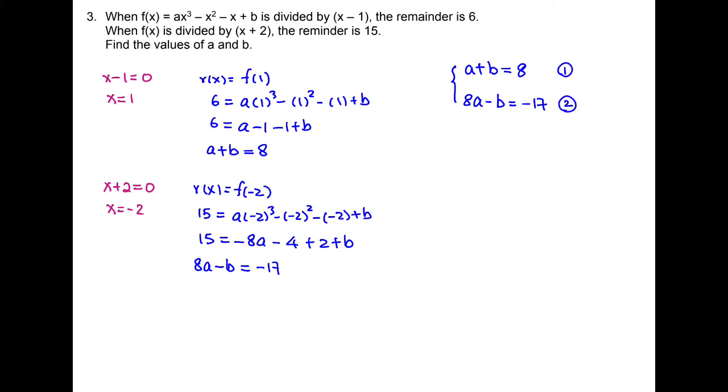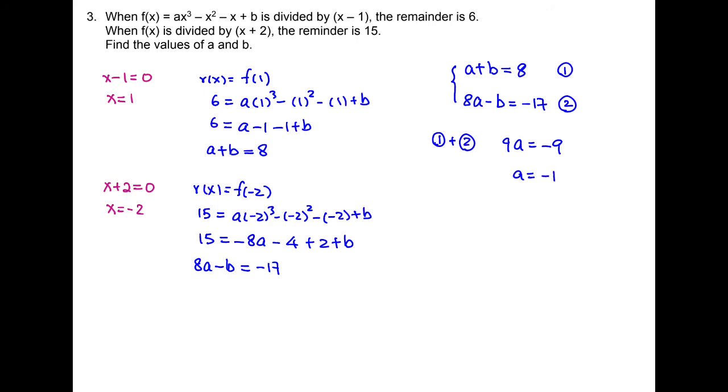By looking at those two equations, I notice equation 1 has positive 1b and equation 2 has negative 1b. That means I can use elimination to eliminate the b. So I'm going to do equation 1 plus equation 2. So a plus 8a, I get 9a. b plus negative b, you get 0. And 8 plus negative 17, you get negative 9.